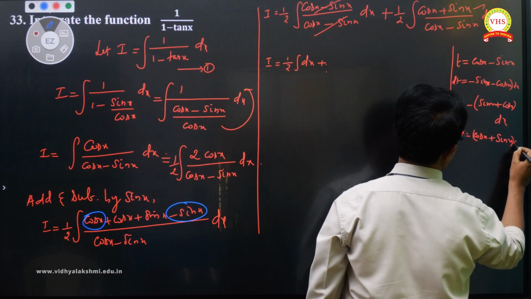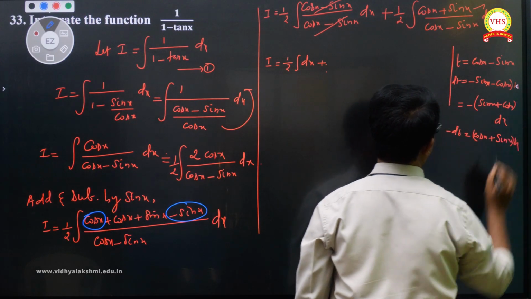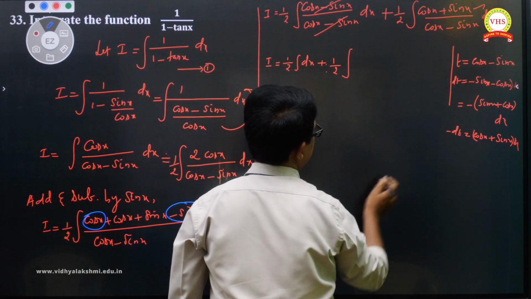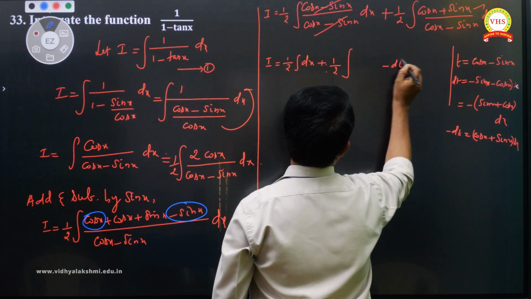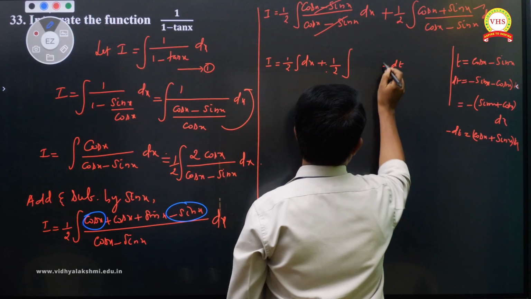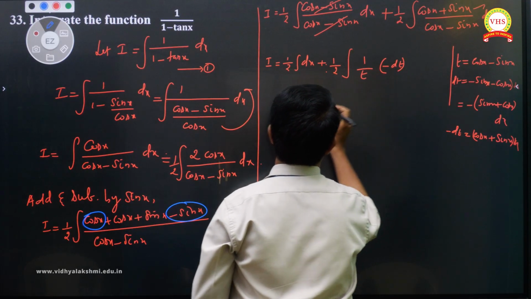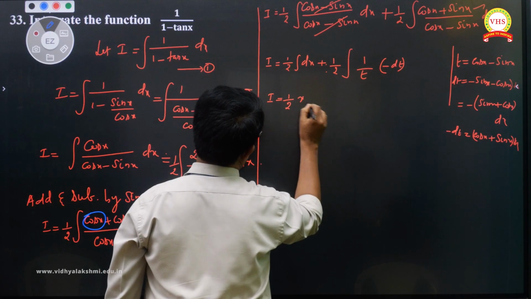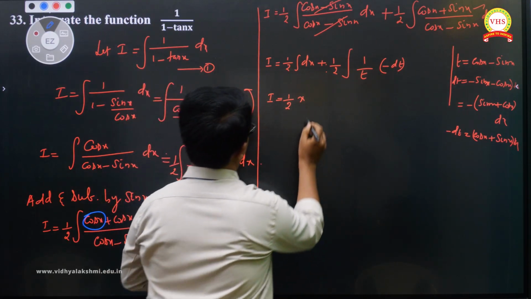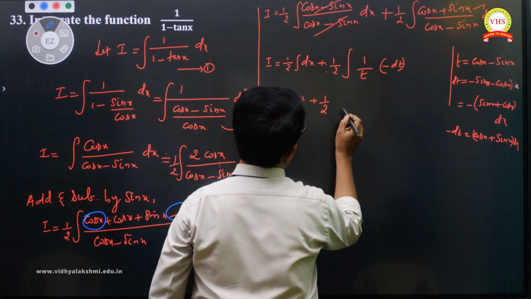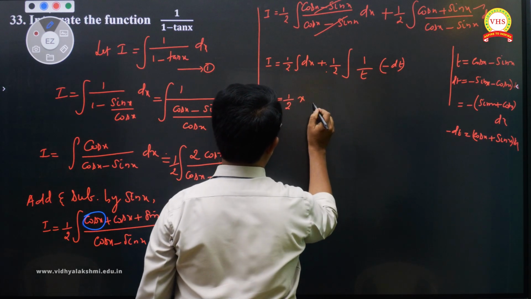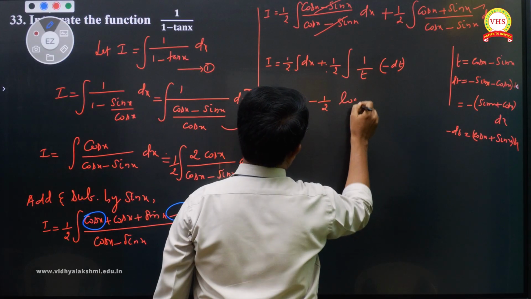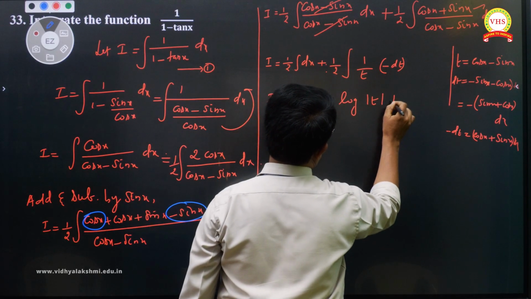Now we see the integral 1 by 2 into integral. What is that? Minus dt, already taking minus dt, 1 by t. Now I equal to 1 by 2 integration of dx, which is x, and then plus 1 by 2 into minus, that is minus 1 by 2 into log of t, because it is 1 by t, plus c.